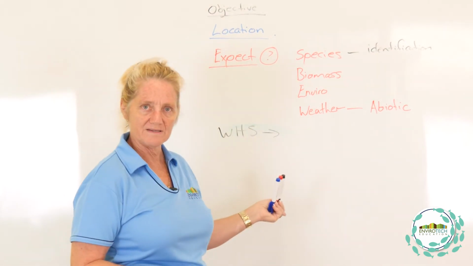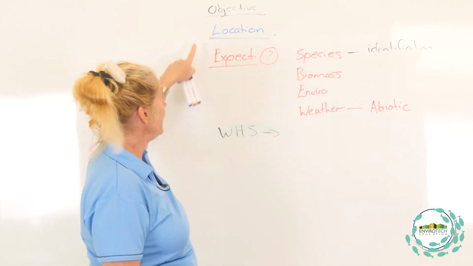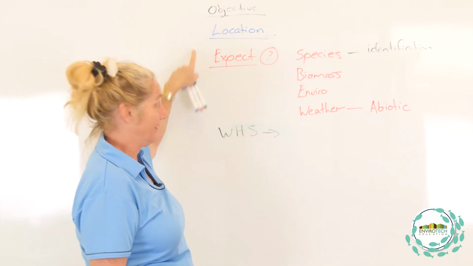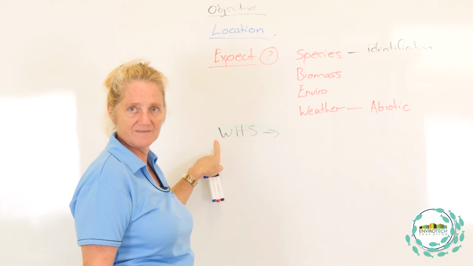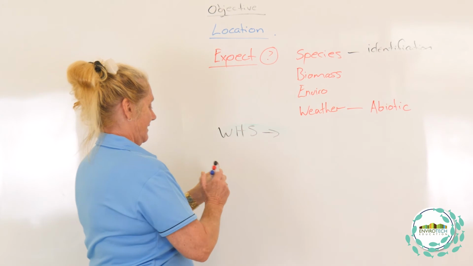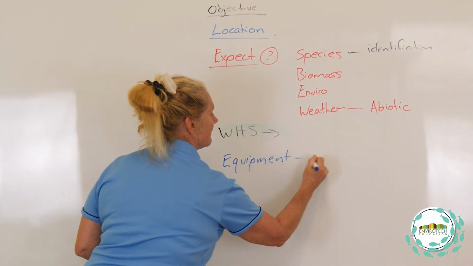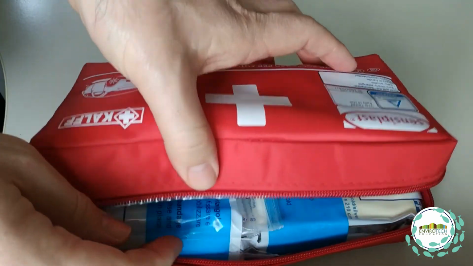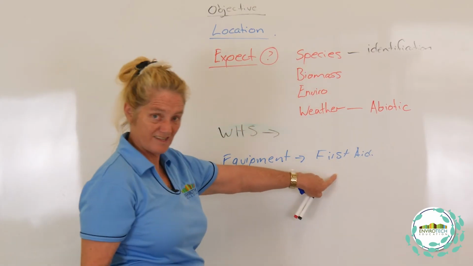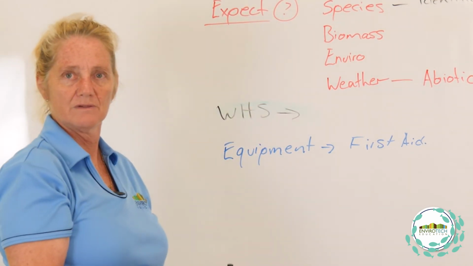What equipment am I going to need to do my objective in my location with work health and safety? So I'm going to need this equipment. I'm going to need my first aid. And that can also include phone numbers for anybody else that's with you.